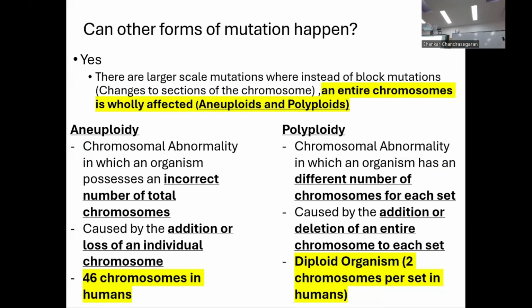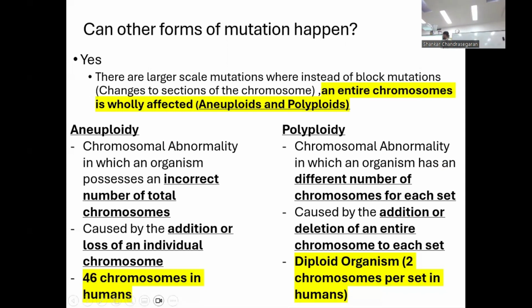Okay. Polyploidy is basically a chromosomal abnormality in which an organism has a different number of chromosomes for each set. So remember, there are a total of 23 sets of chromosomes within a living thing, and each of those has two copies of each chromosome. So that's why there's a total of 46. Polyploidy is when instead of having two copies of each chromosome, they can have one or three copies, which can change the entire number of chromosomes within the organism.